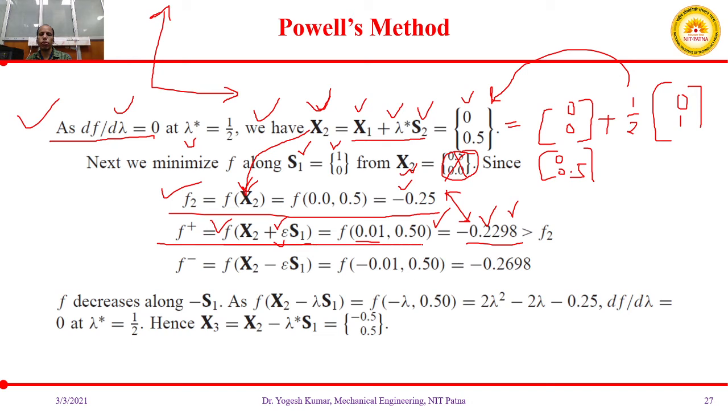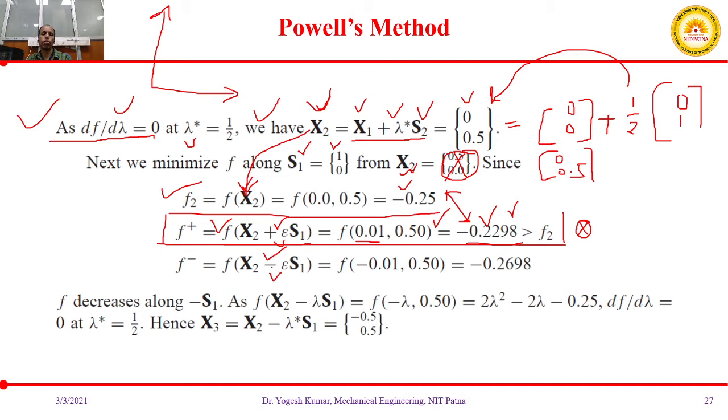Now, because we have not got the minimum value in the positive direction, you will drop this direction, and you will try to search for the optimum value in the opposite direction, that is, with the negative probe.